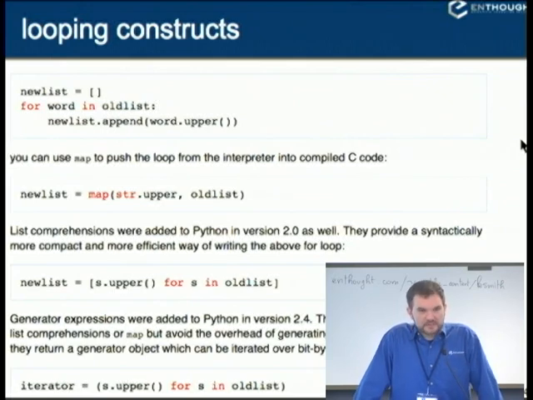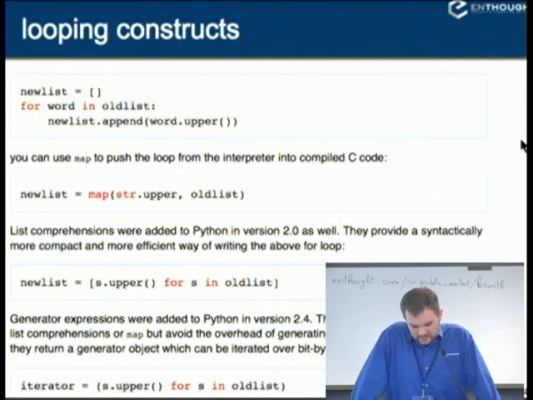But one way to take a for loop and convert it into something that's looping implicitly in C is to take your loop and convert it into using map. So here we have a simple loop that's looping over old list, and it's just appending the uppercase version of each word in old list to new list.